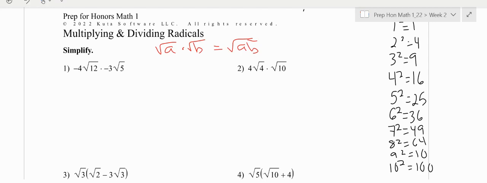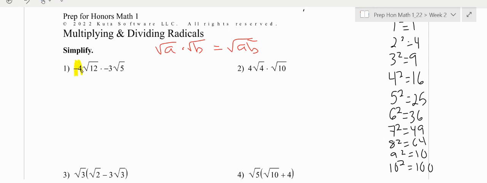So when we're multiplying, we can either simplify first or multiply and then simplify. Lots of ways to do the same exact problem. I'm going to put them in one term first and then simplify. But you might find, for example, in the first question, you might want to reduce 12 first, right? So many ways to do the same problem.